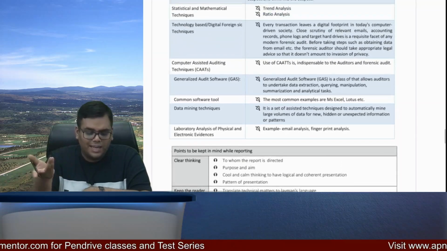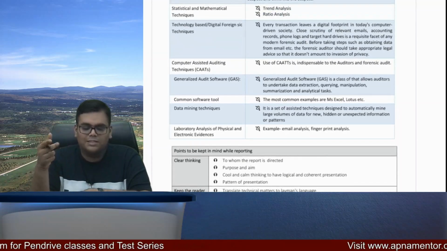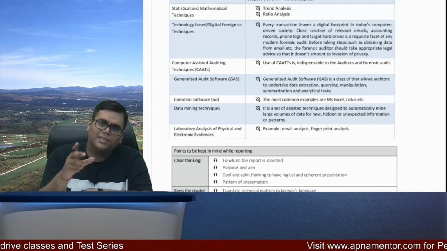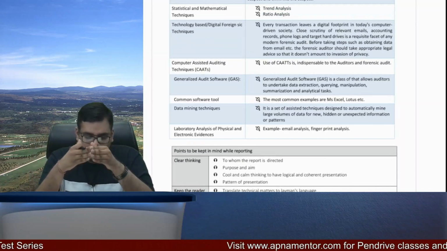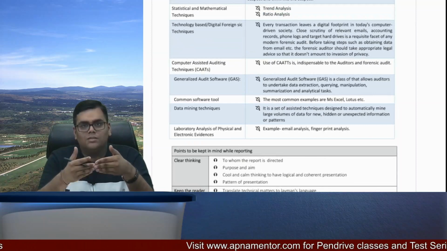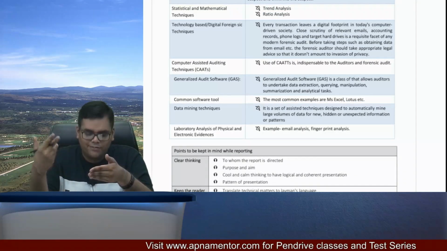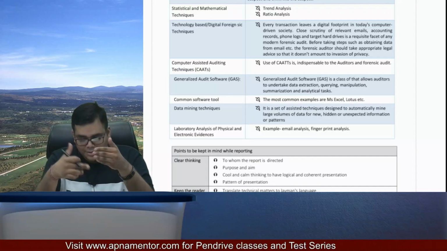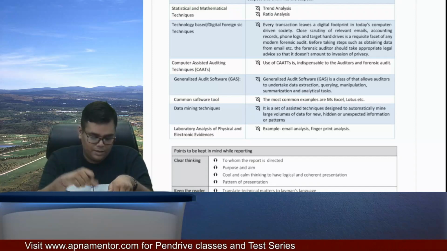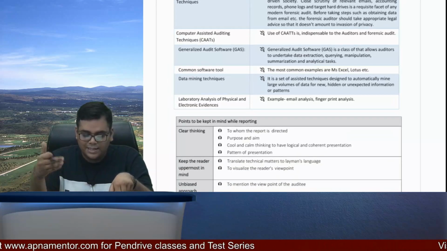So using generalized auditing softwares, using computer assisted auditing techniques, this is something that even the statutory auditor does. So even the forensic auditor can do. Then using common software tools like Excel, Lotus, this again the forensic auditors will do. Using the data mining techniques, again this is something that the forensic auditor does. Laboratory analysis of physical and electronic evidences.